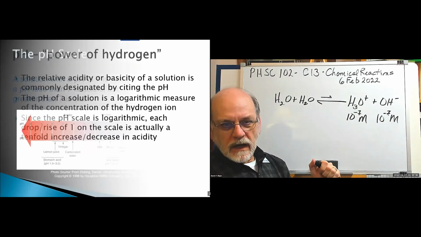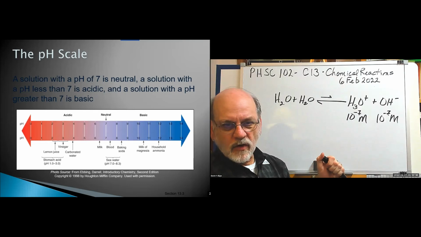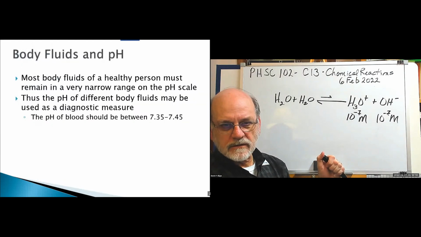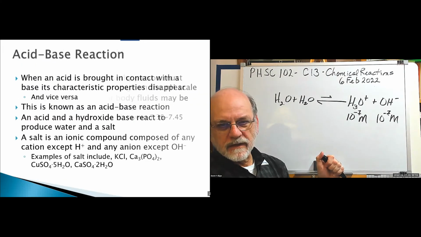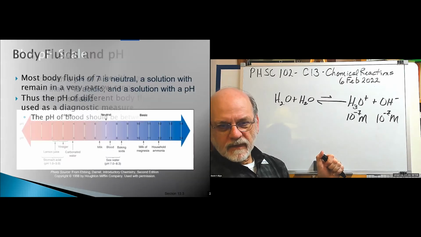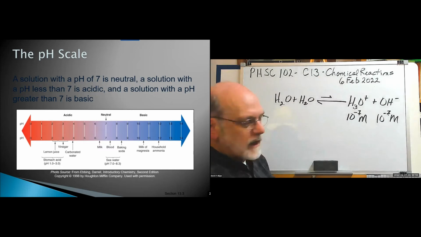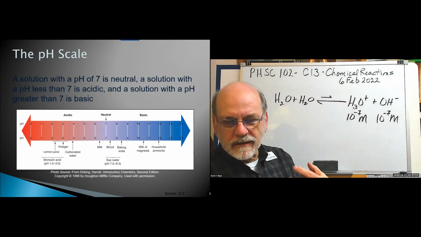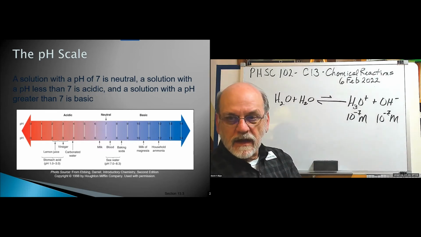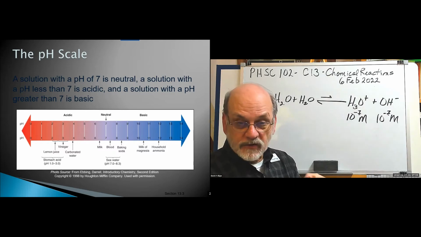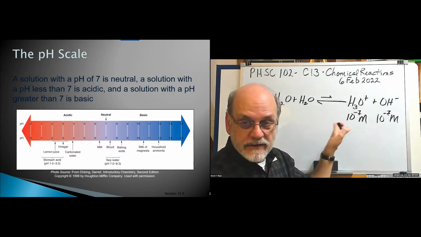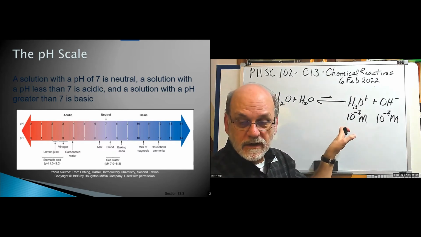So what happened was, Sorensen. He was a Swedish guy. Sorensen wanted to work with something a little easier to manage. So he invented this mathematical transformation of the hydrogen ion concentration of a solution so that it could be handled better.